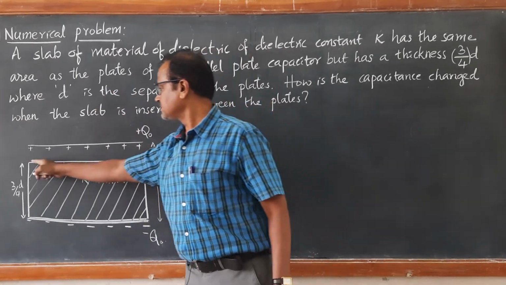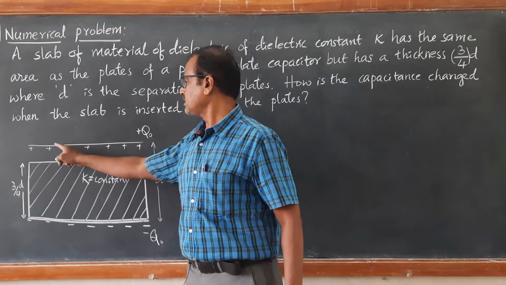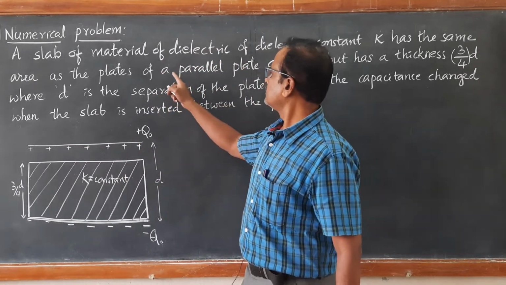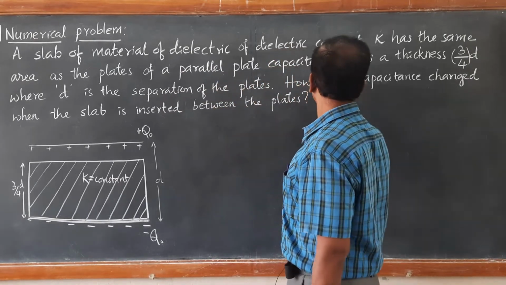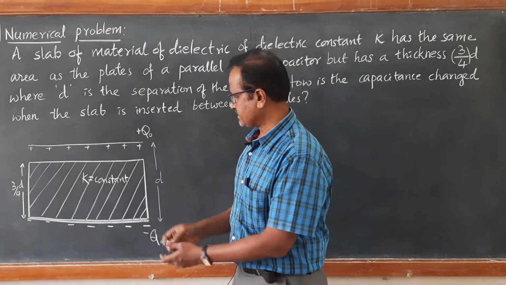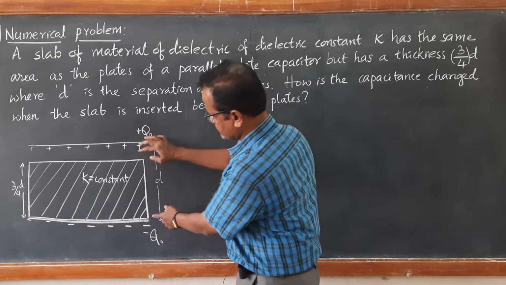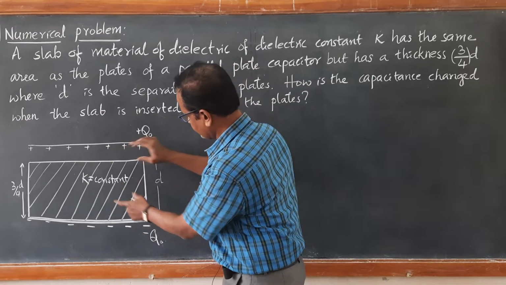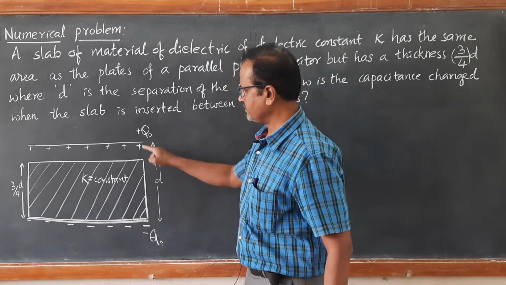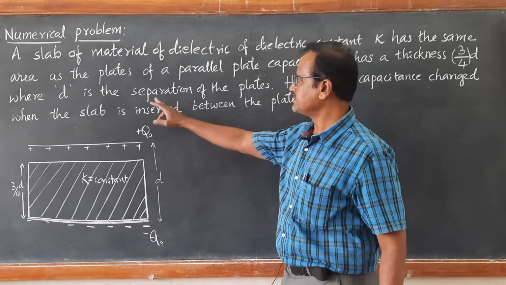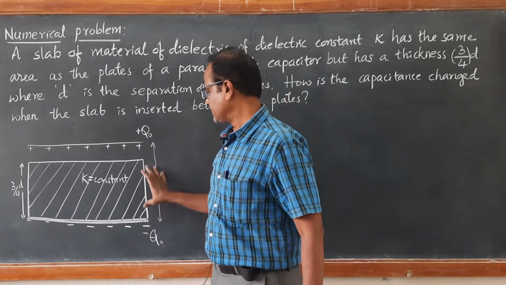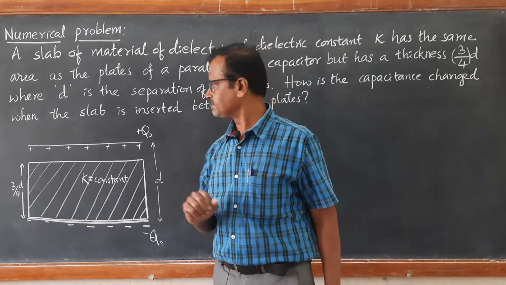It has the same surface area as the plates of the parallel plate capacitor, but has a thickness of 3/4 of D, where D is the distance of separation between the plates.